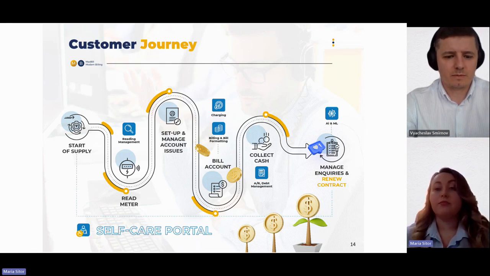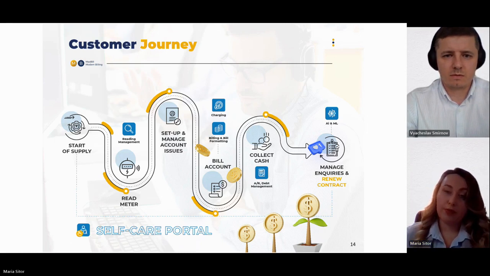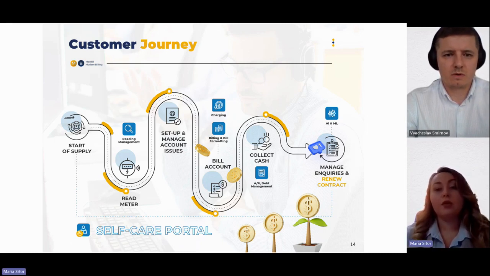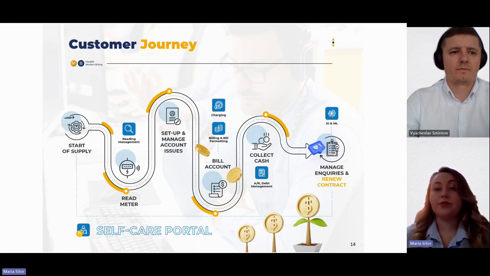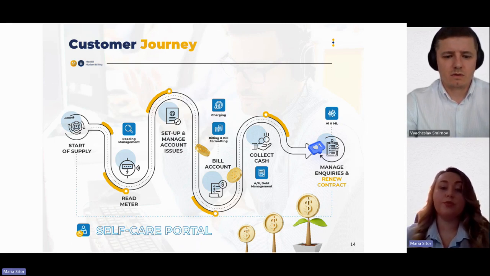After the collection of payments from the customer, there is a need for different business processes which can be managed by the company, and after reaching the expiration time of the contract, there is a possibility to renew the contract.